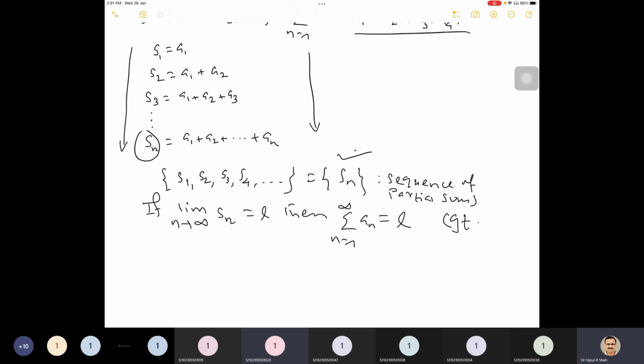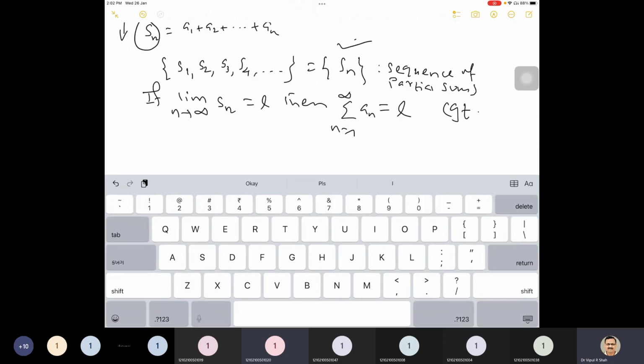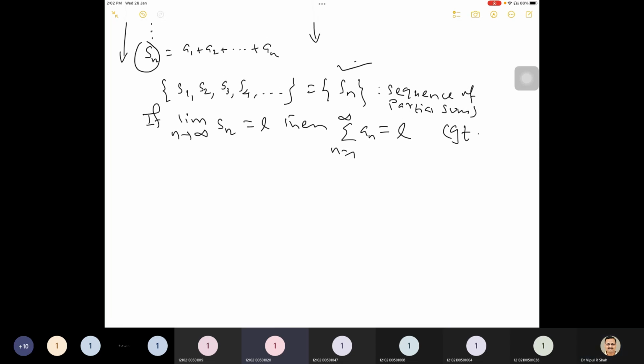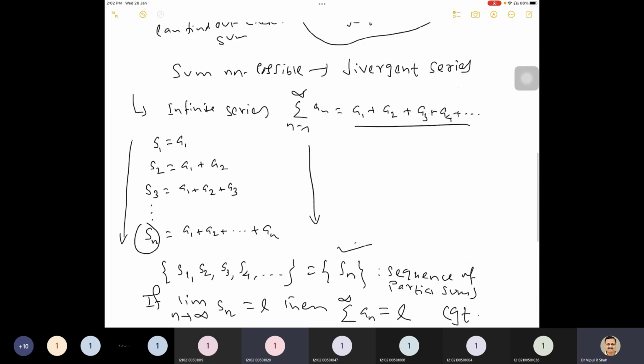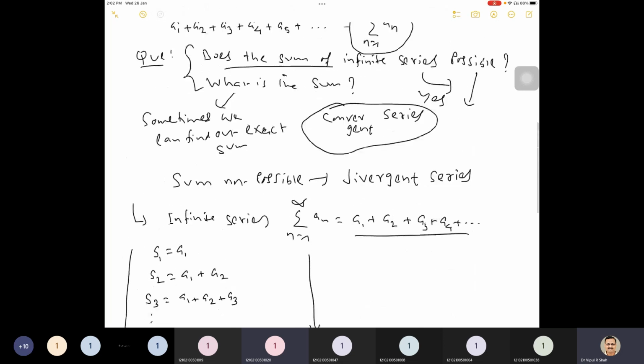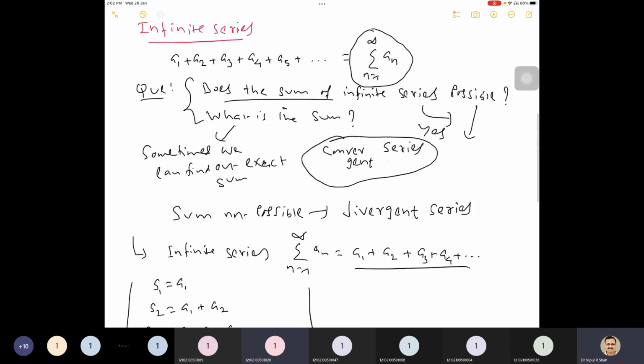If that sequence has limit L, then you can say that the underlying infinite series also has exact sum L, and so the series is convergent. Okay, this is the definition of convergence of an infinite series. If you want, you can write it.